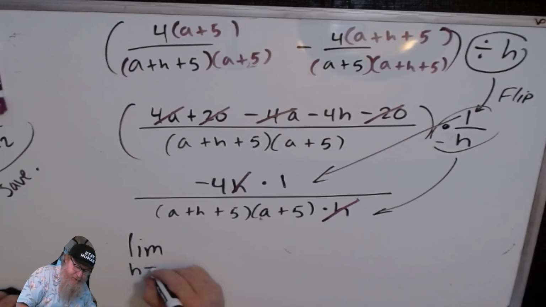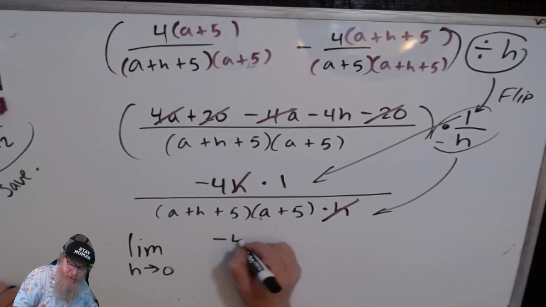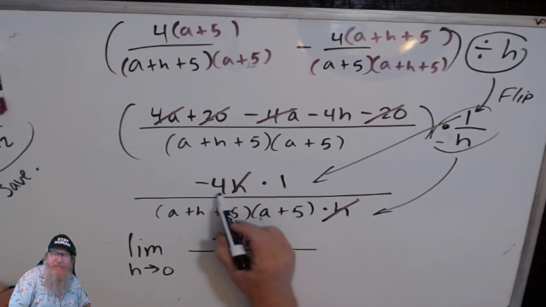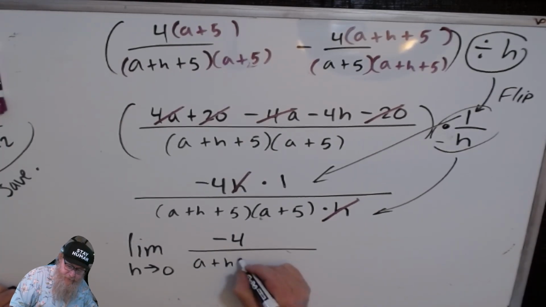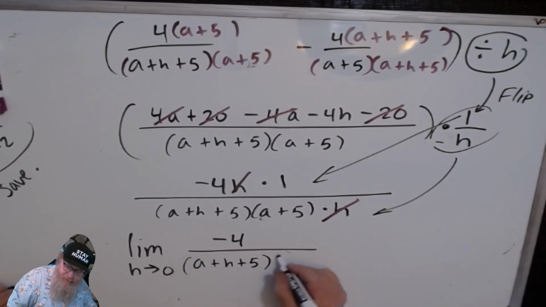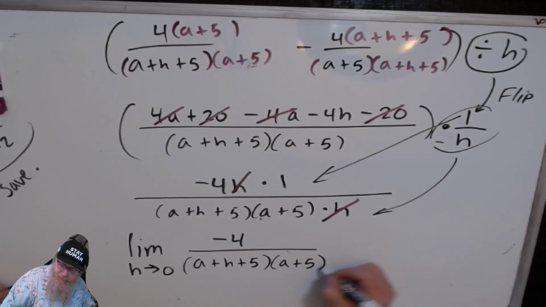It's the limit as h goes to 0 of negative 4. It's negative 4 times 1, but that's just negative 4, over a plus h plus 5, a plus 5.